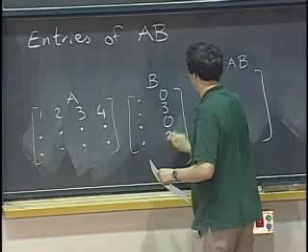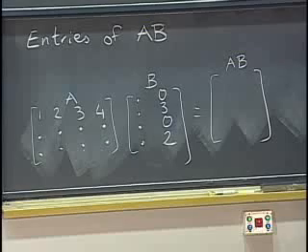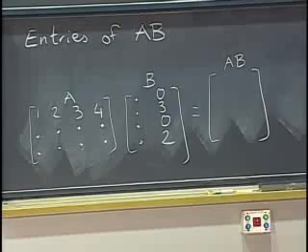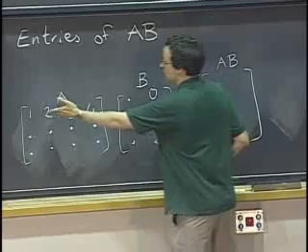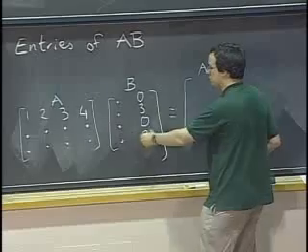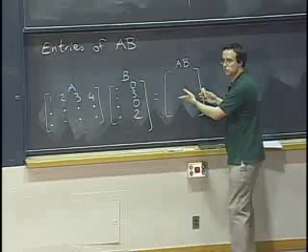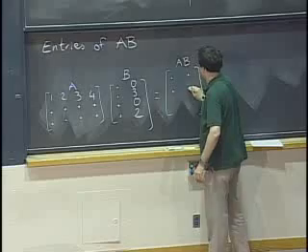And let's say, for example, that we have the second column is 0, 3, 0, 2. So A times B, I claim, will have, well, the entries should be the dot products between these rows and these columns. Here we have 2 columns, here we have 3 rows, so we should get 3 times 2 different possibilities. And so the answer will have size 3 by 2.